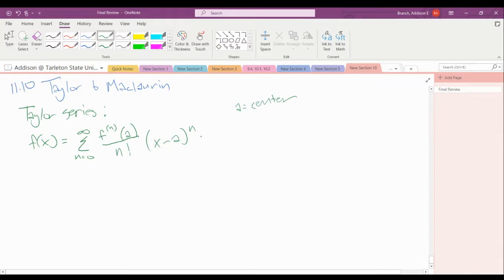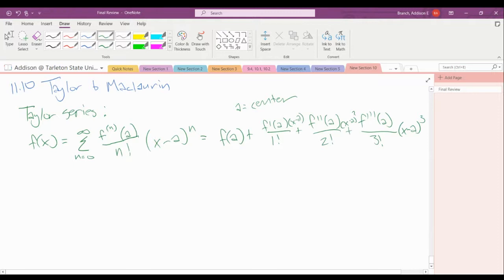And just to show how this would look if you expanded it out, the first few terms would be f of a plus f prime of a over 1 factorial times (x minus a), plus f double prime of a over 2 factorial times (x minus a) squared, plus f triple prime of a over 3 factorial times (x minus a) cubed, and so on and so forth.